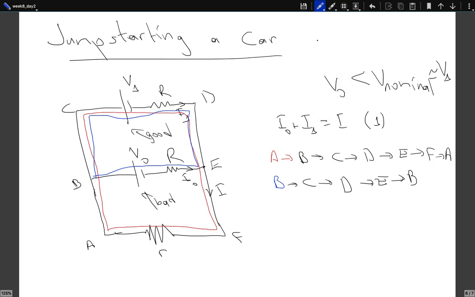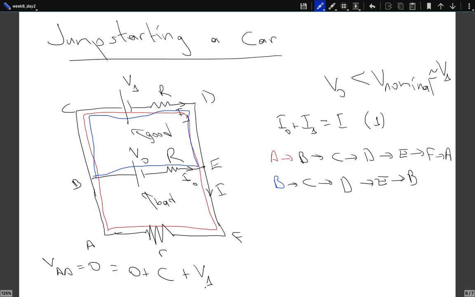Now let's start from the first loop and use Kirchhoff's rules. VAA should be 0. What is the potential drop from the point A to the point B? 0. From the point B to the point C? 0 plus 0. From the point C to here, the potential drop is plus V1.